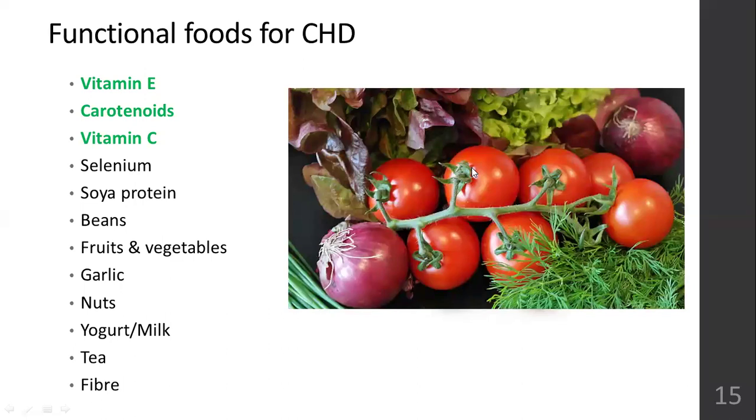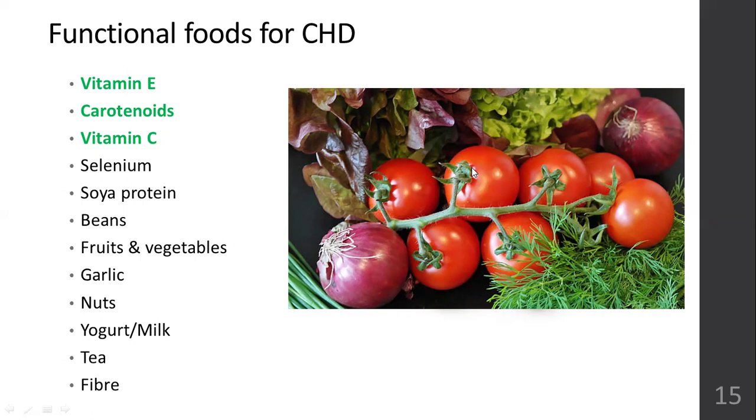Then all your fruits and vegetables, they're packed with antioxidants. The more variety of fruits and vegetables, the healthier your diet will be. Small cherry tomatoes are better as compared to the large ripe ones. Red onions are better than the white ones.